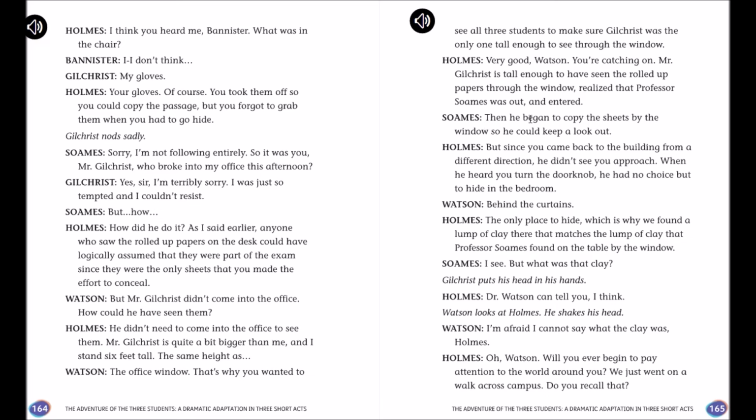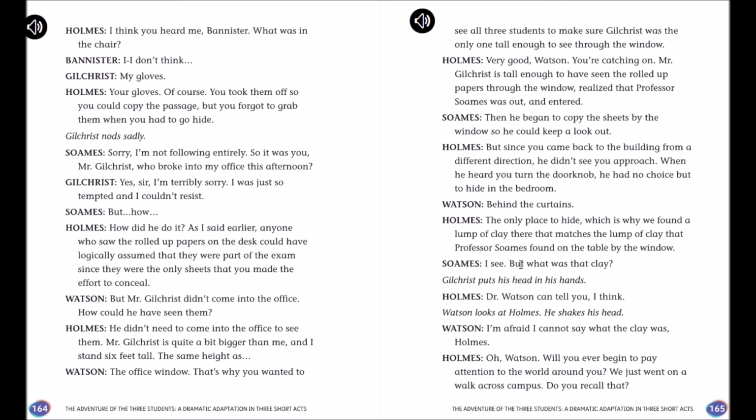Soames: Then he began to copy the sheets by the window so he could keep a lookout. Holmes: But since you came back to the building from a different direction, he didn't see you approach. When he heard you turn the doorknob, he had no choice but to hide in the bedroom. Watson: Behind the curtains. Holmes: The only place to hide, which is why we found a lump of clay there that matches the lump of clay that Professor Soames found on the table by the window.